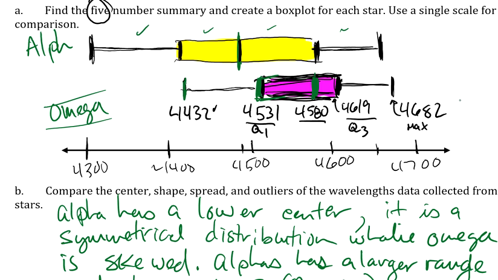Actually, I can't say if one has a larger standard deviation or not. That would be interesting to look at, though. But just in terms of the spread of the data and the IQR, it looks like the alpha data may be a little bit less predictable or less consistent than the omega star data.